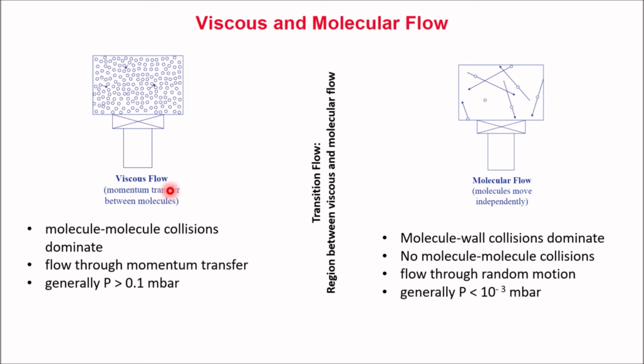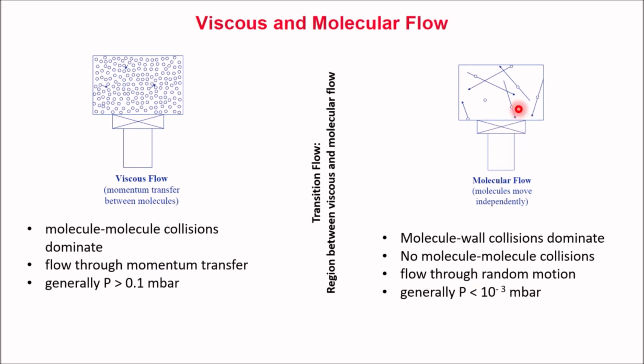Distance between the molecules is very small and hence molecule-molecule collision happens very often. The flow happens through momentum transfer in the collisions, and this regime exists generally for pressure greater than 0.1 millibar.